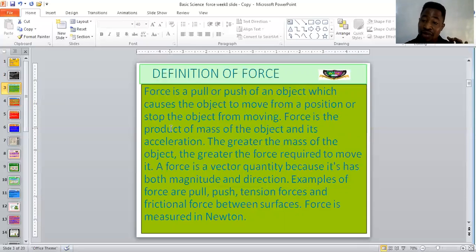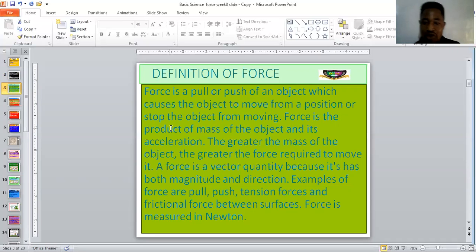And how far that object will go will be determined by the quantity of force that you apply. I hope that is clear.